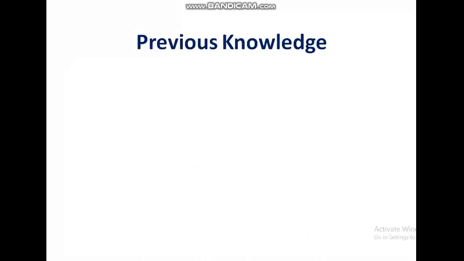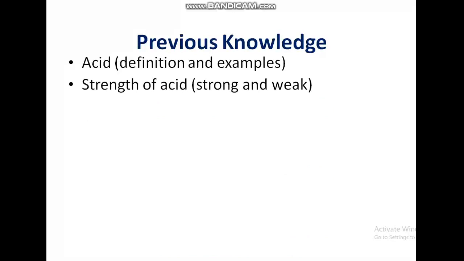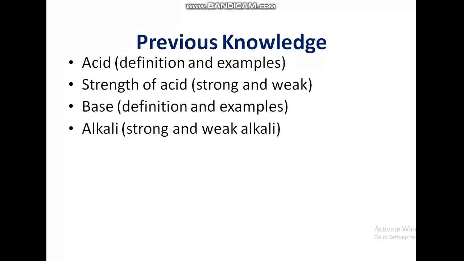To understand titration better, there are topics we ought to have covered. The topics include acid, definition and examples, strength of acid. There you'll be talking about strong and weak acids, base, definition and examples, alkali. We're talking about strong and weak alkali.